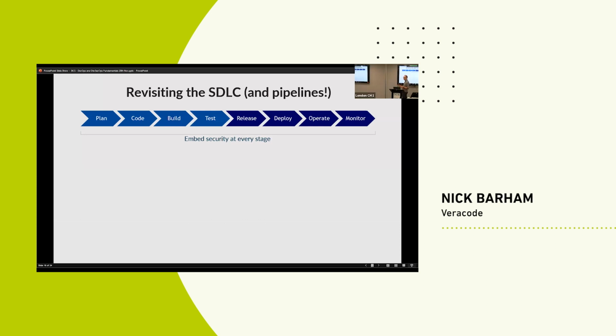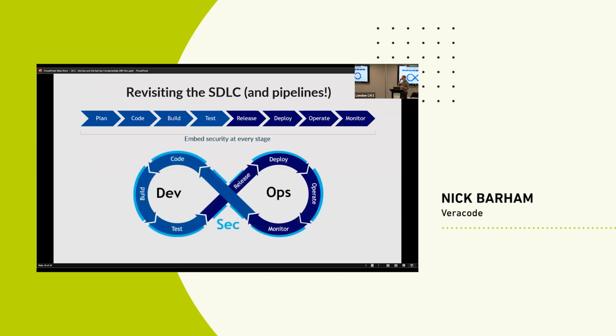If you are tasked with improving the security of your SDLC, and you are thinking about at what stage do I include or exclude certain types of scanning or types of security, this in itself becomes an incredibly complex topic to tackle.